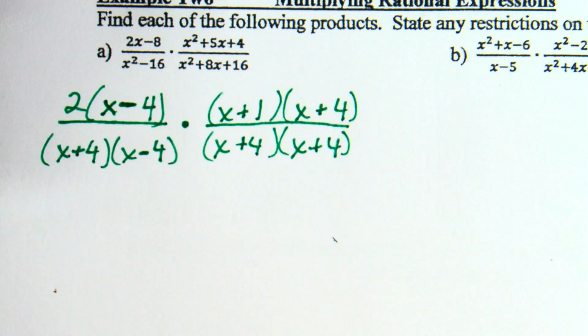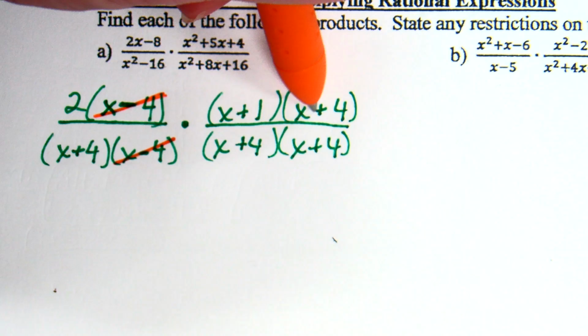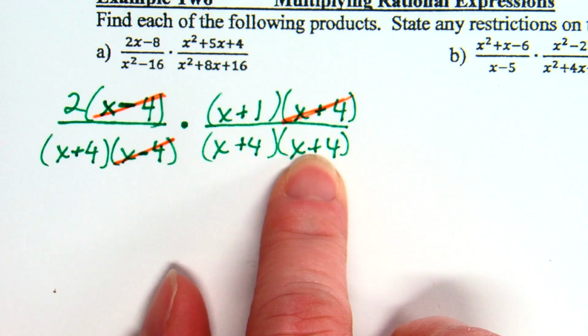Now, 1 x plus 4 in the numerator cancels with 1 x plus 4 in the denominator. How many x plus 4s in the denominator do I have? Not 2. There's 3. Here's the point I want to make. This x plus 4 can cancel with this one, with this one, or this one.